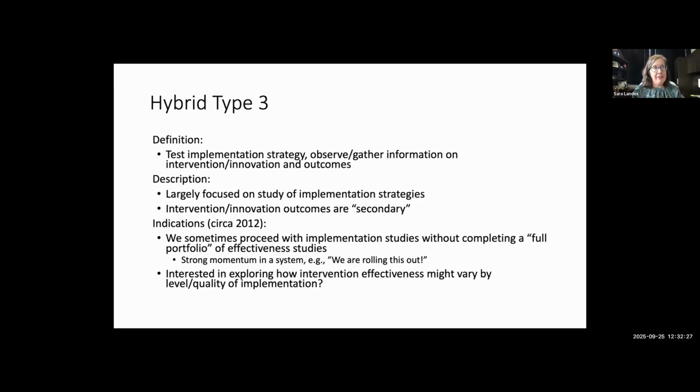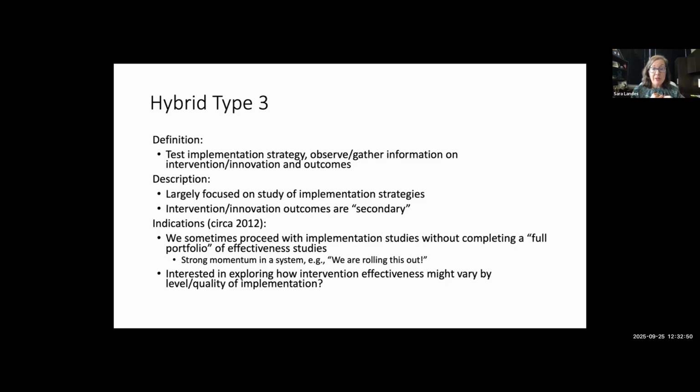I work in a large healthcare system where often something has promising enough or good enough data, and we don't have something better. And so it gets rolled out maybe before the researchers of our group say, yeah, we have enough to say it's ready. So you might do a hybrid type 3 to compare how you might implement this the best and still want to collect effectiveness data.